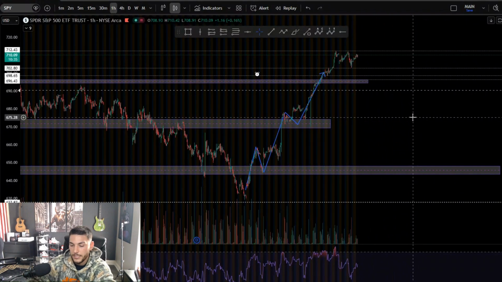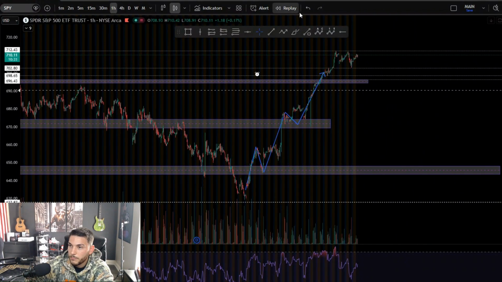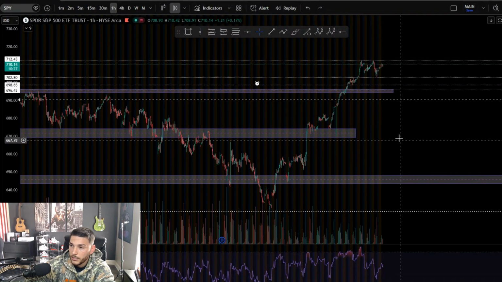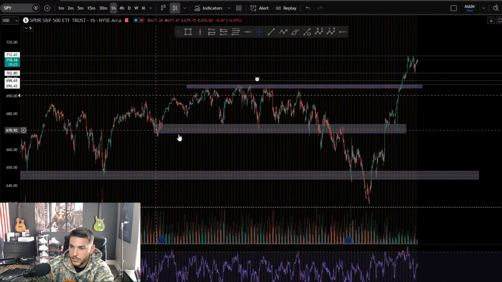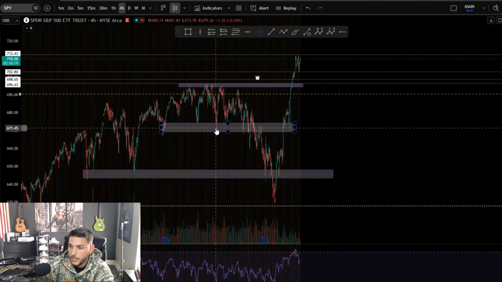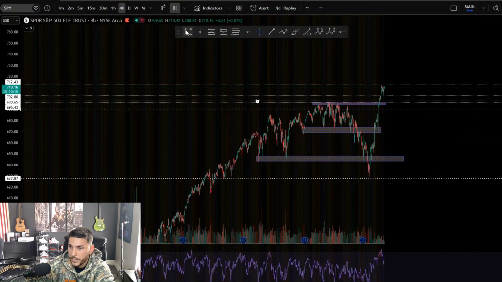So that's really, in my opinion, the easiest way to break it down. And I'm sorry if I'm not the best at explaining, but I'm trying to give you the most basic explanation of support and resistance. It's just key areas where a stock has bounced in the past, right? Or rejected.